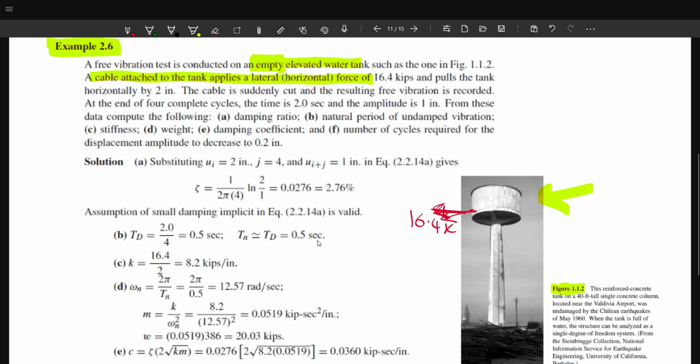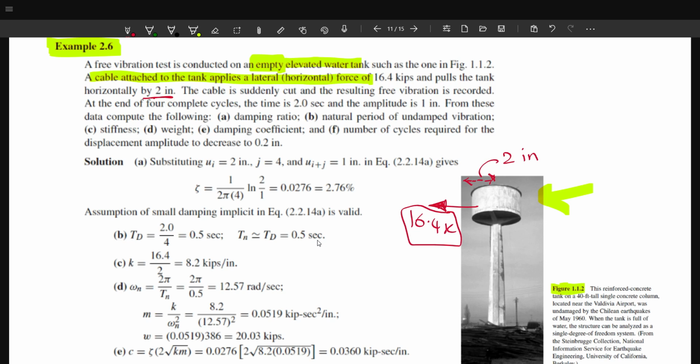So it is horizontal, we need to be careful here. We applied a horizontal force using a cable as someone is pulling it. The value of the force was 16.4 kips and it pulls the tank horizontally by 2 inches. So it moves, and we measured this movement, it moves 2 inches.